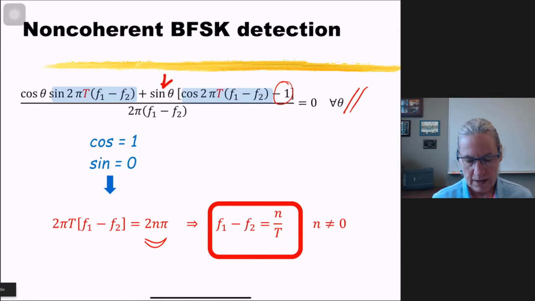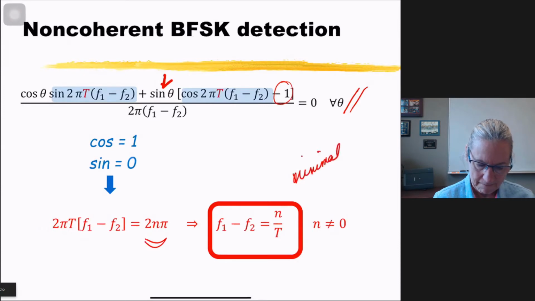So if I do a little math, the difference between the two frequencies must be equal to an integer n divided by t. Now, if I want the minimal separation, I want n to be as small as possible. I want f1 minus f2 packed as tightly as I can and still have them be orthogonal. And that would be minimal at n equal 1.